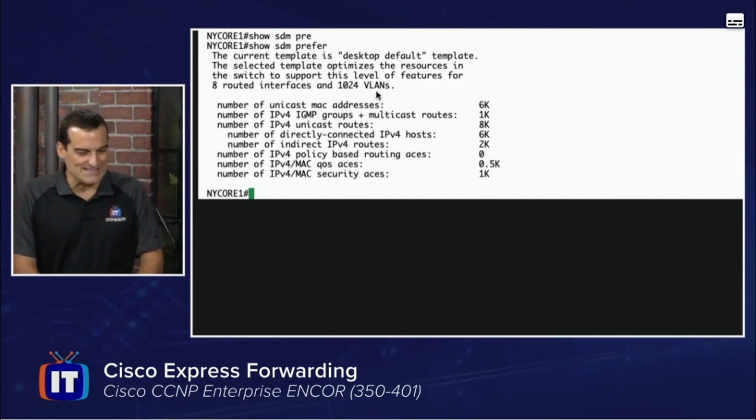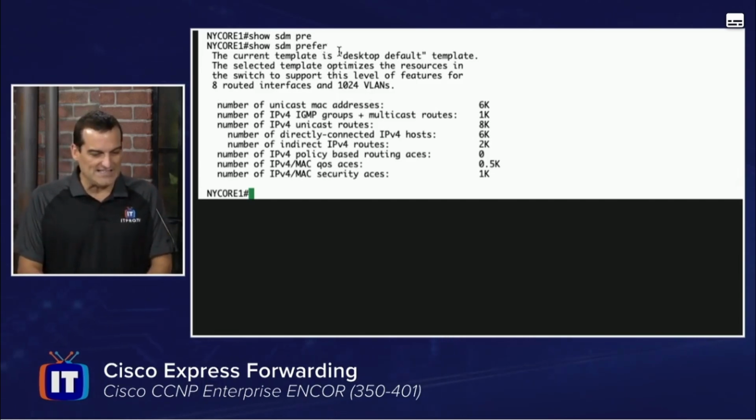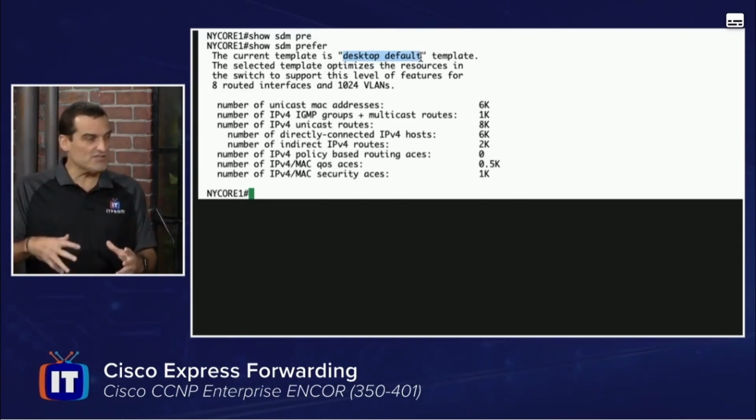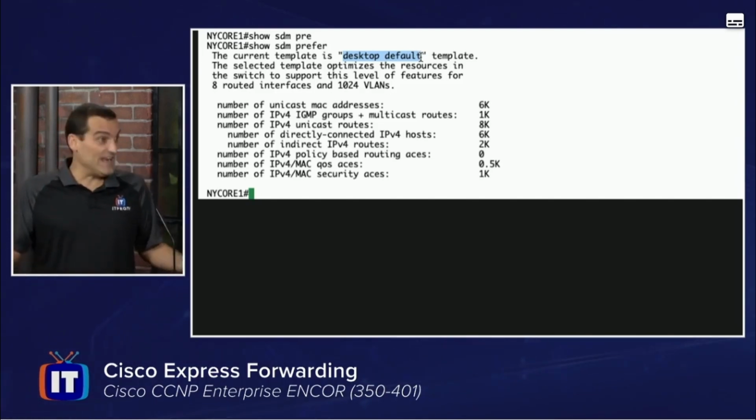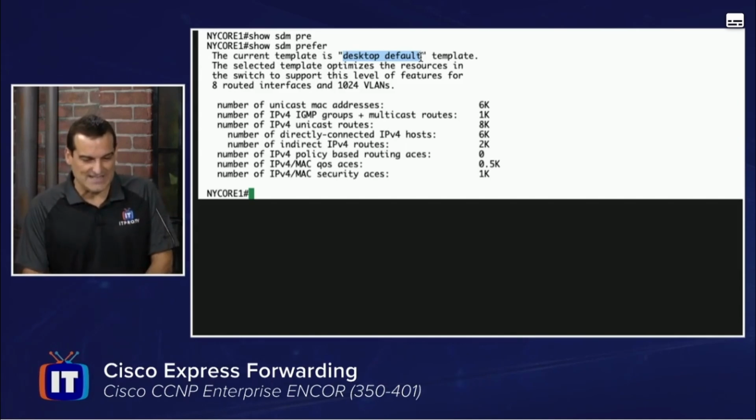So look at this. This is so interesting. I do a show sdm prefer, and it says you're currently in the desktop default template. So this switch is tuned for just the normal operation of getting all these desktops onto the network.